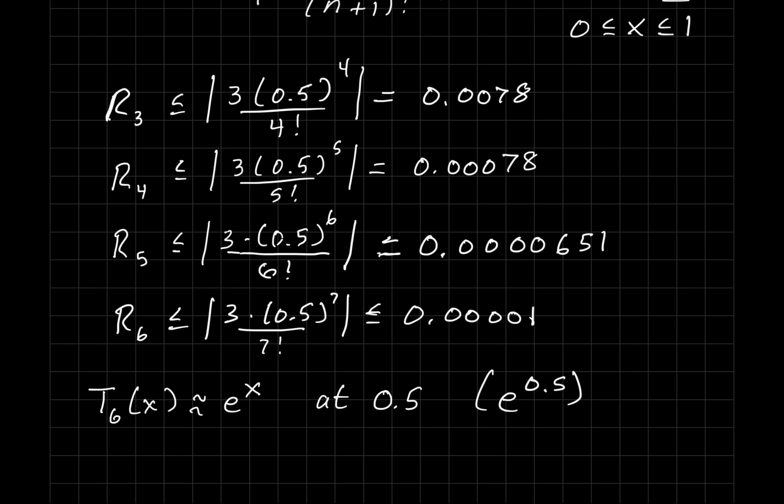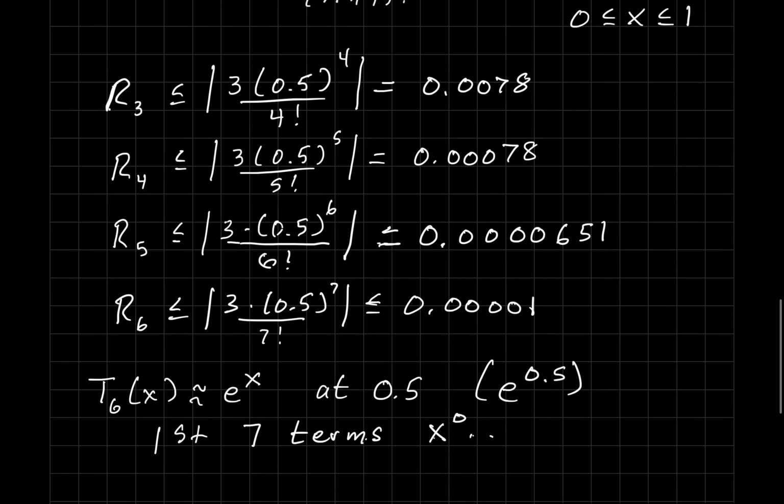Which means I'm going to use the first 7 terms. That is, I need to do the x to the 0 term all the way out to the x to the 6th term. And if you count those out, that gives us 7 terms.